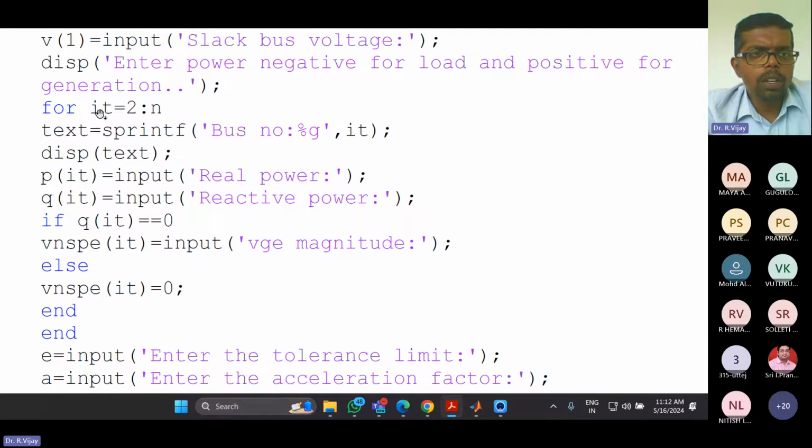I'm making one for loop, that is iteration to n. We are starting with the second iteration, and this is the text you want to print.